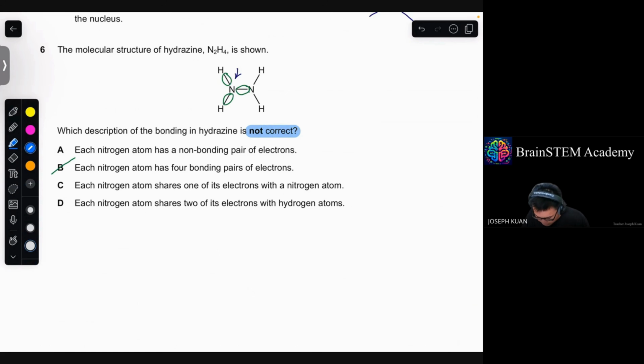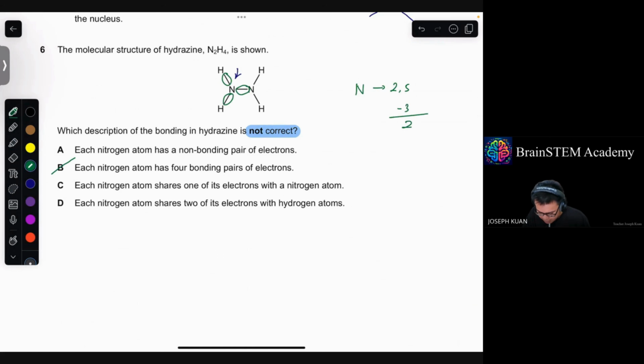For the rest of the options, actually, it's correct. Where nitrogen atom has a non-bonding pair of electrons. True, because nitrogen is having an electron arrangement of 2,5. So 3 of them are used in bonding, which leaves 2 electrons remaining in the outer shell, which means that's the non-bonding pair of electrons.